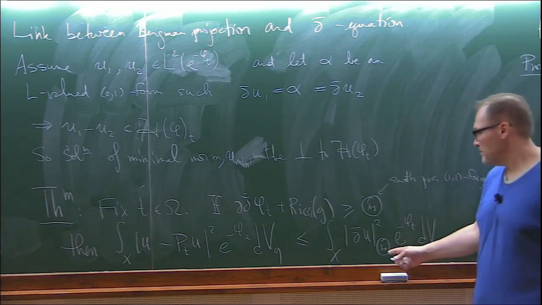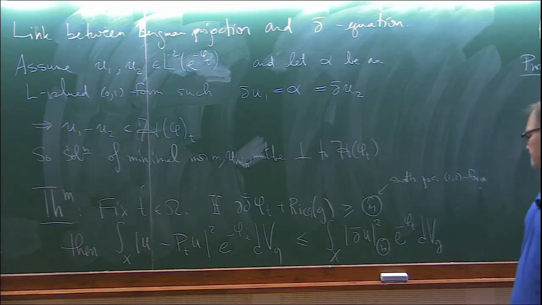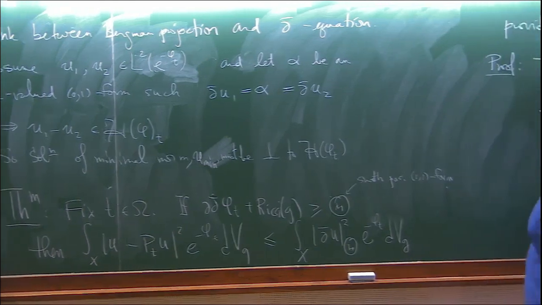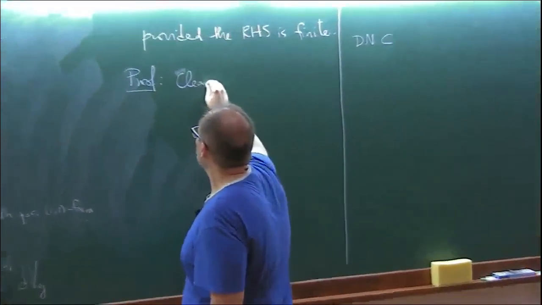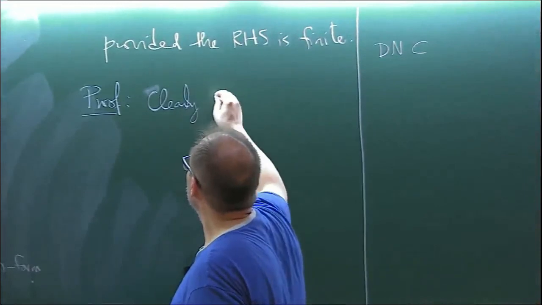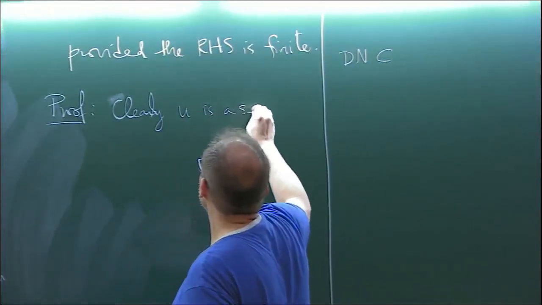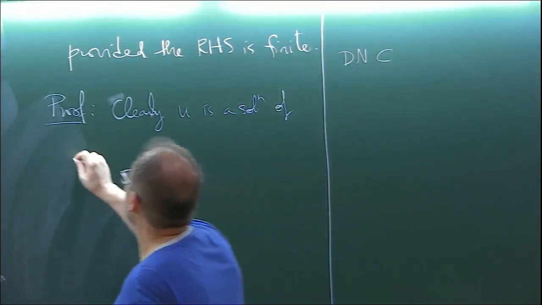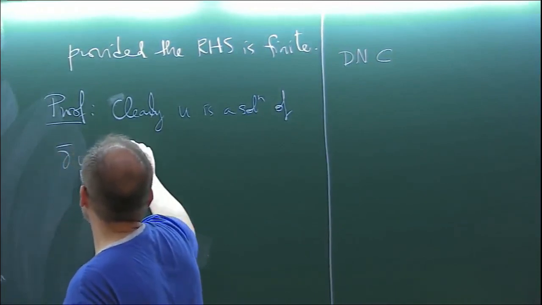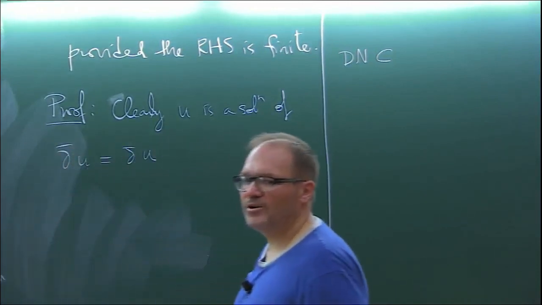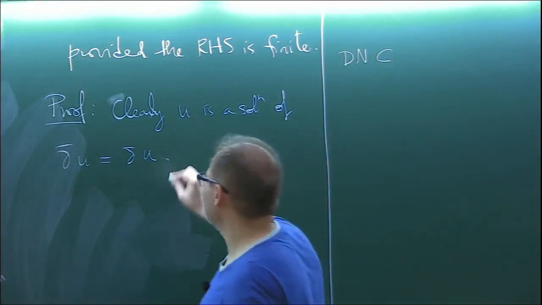Let me just repeat that. So clearly, u is a solution of d-bar u equals d-bar u. That's the hardest part of the argument. Okay.